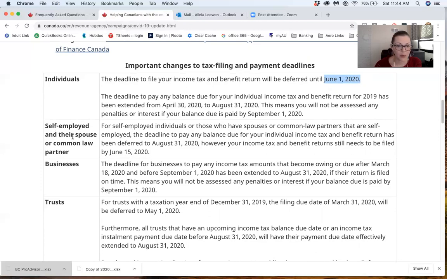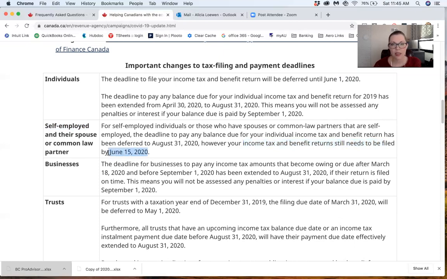And then self-employed people, so that is sole proprietors. The deadline to pay the balance due, just to pay the balance, not the filing deadline. So the filing deadline is normally June 15th. Yes, income tax and benefit returns still need to be filed by June 15th.